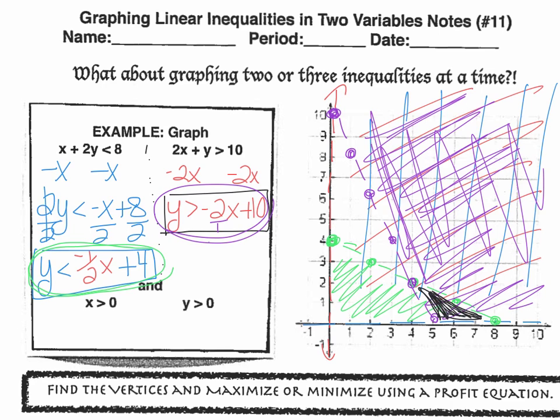That's where all of that information is overlapping, right? A lot of times people get a little hasty and they'd say, oh, well, it's all going to overlap in this section right here. But really pay attention to your signs, because that purple line had a greater than symbol. You're only looking at this little triangle right here. Another thing to be careful of is that you're not just finding one point anymore.